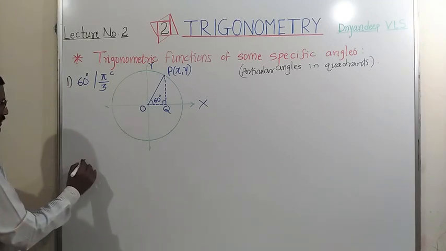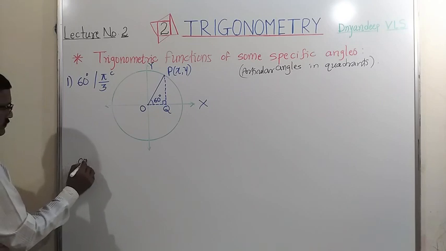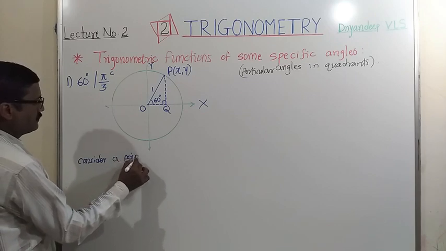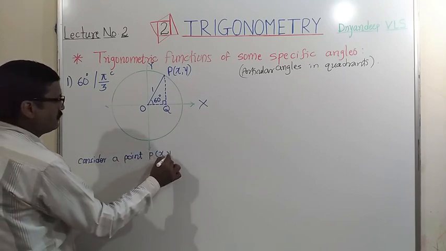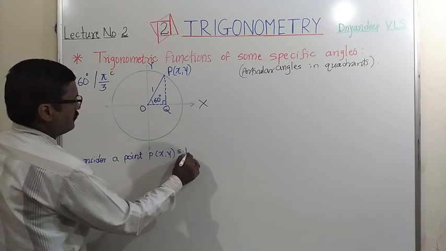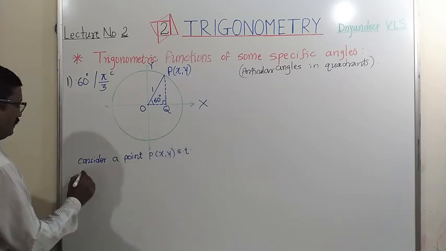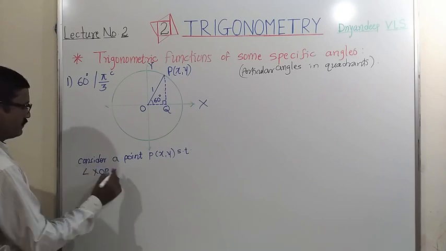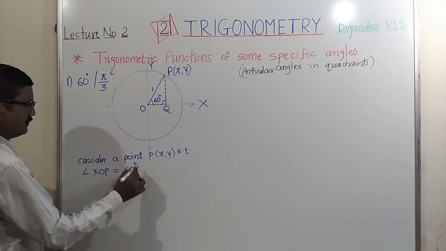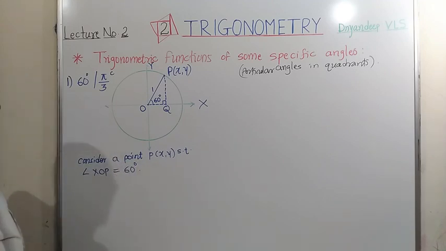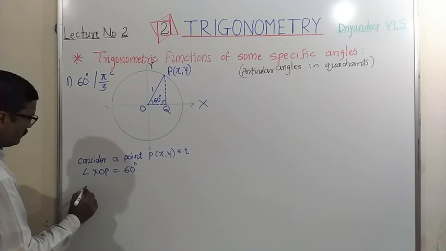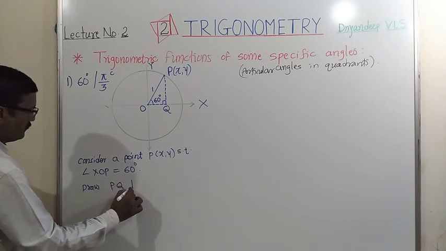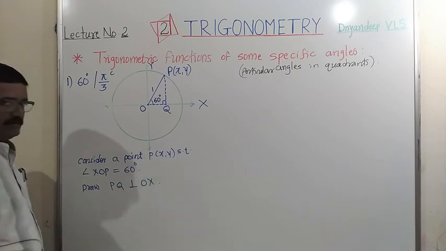So let us start with, consider P(x, y) such that angle XOP is equal to 60 degree. Then draw PQ perpendicular to OX.